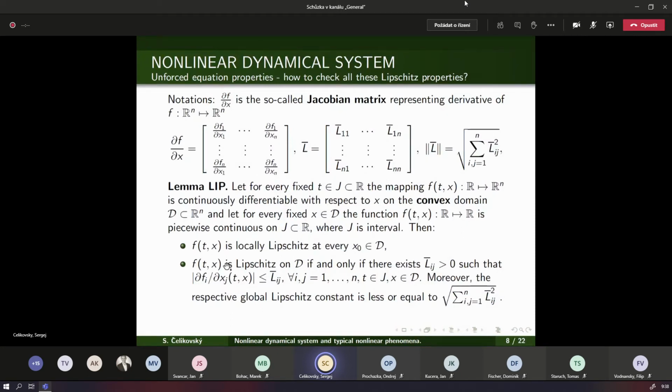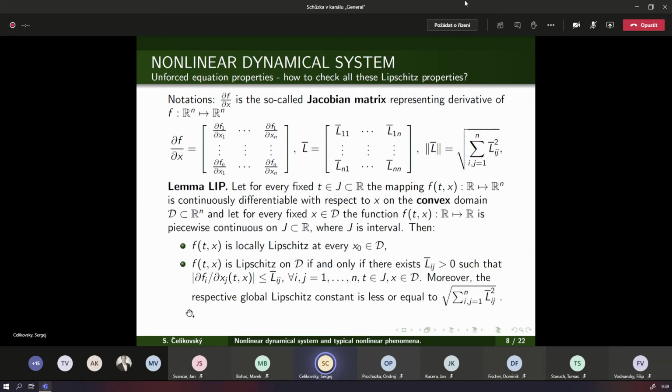And now if we ask for a stronger property, that it is Lipschitz on D, meaning this constant L will be unique, then we ask that all these constants here should exist in such a way that they bound these partial derivatives for all times t and all x from these ranges, yeah.